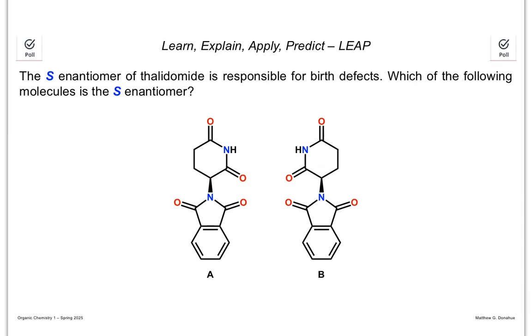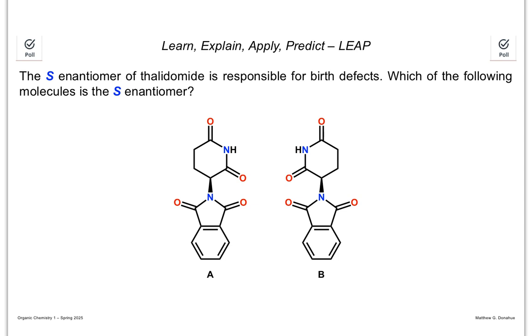It was found that the S enantiomer of thalidomide was responsible for the birth defects. The R enantiomer did not cause that issue. So between choices A and B, which one is the S enantiomer?